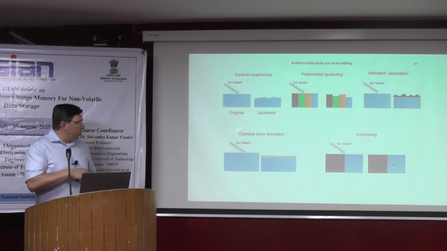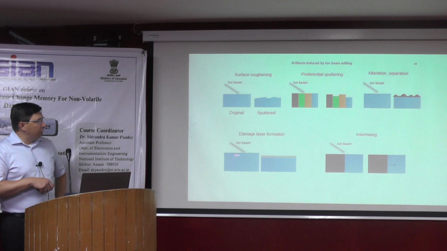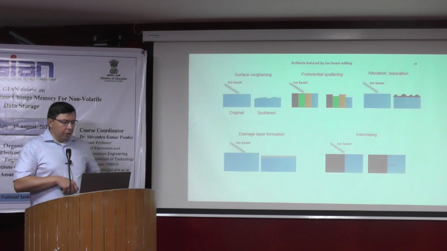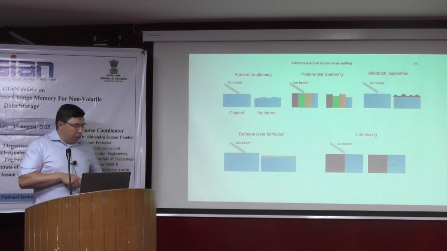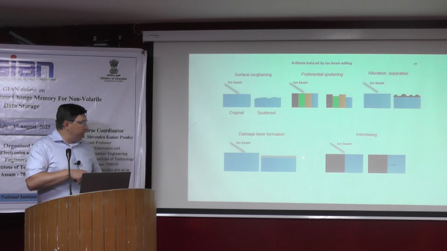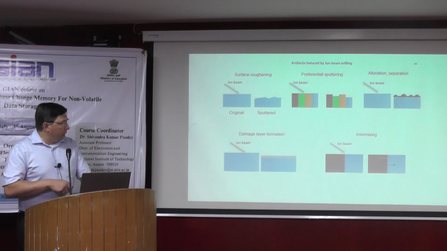Then damage formation by ion beam. As I said, it's based on the creation of an amorphous layer and then removal of this amorphous layer, and after the specimen preparation, you always have a thin amorphous layer on top of your specimen. It depends, of course, on the ion beam you used and also on the type of the specimen.